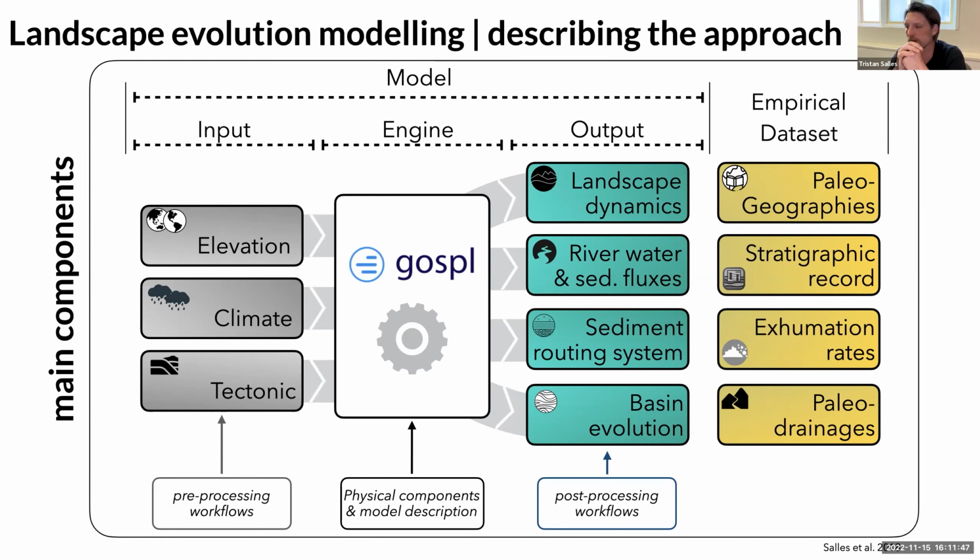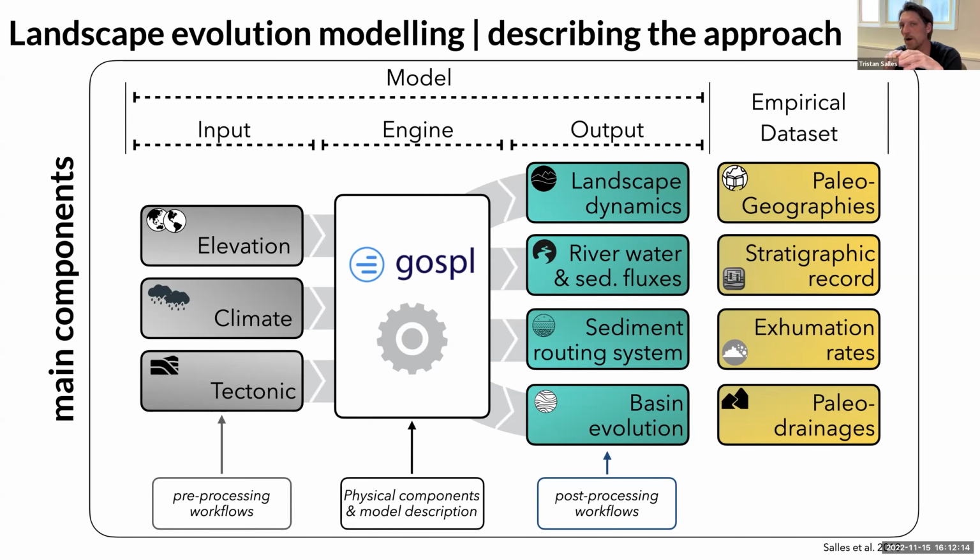So we are going to use as input some paleo-elevation models. Of course, we will need some climate models, so mostly precipitation, to force the model with some rainfall. And then after you can impose, if you want, some tectonic forcings that are going to move the surface up and down depending on the tectonic fields that you impose.